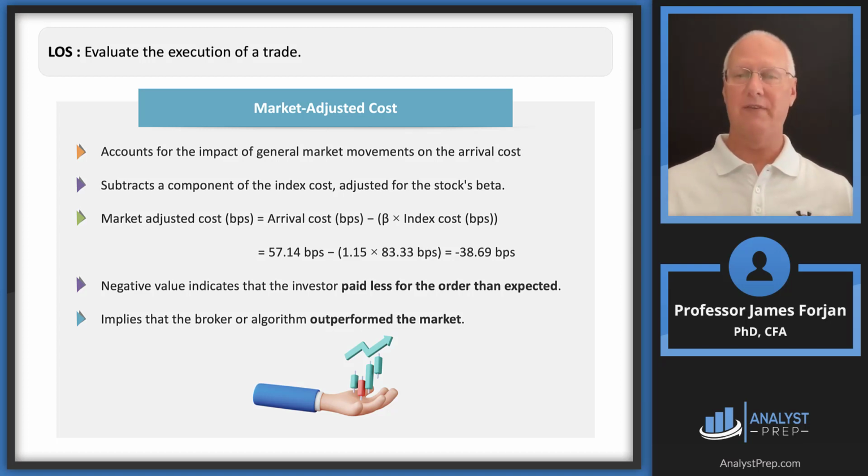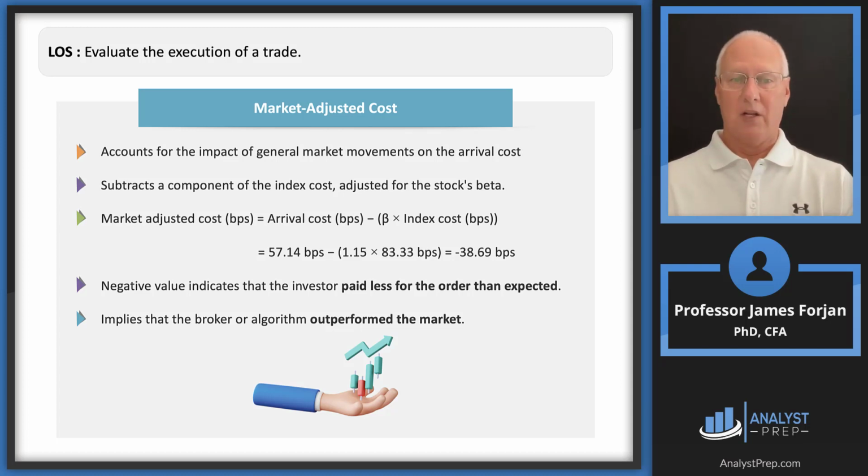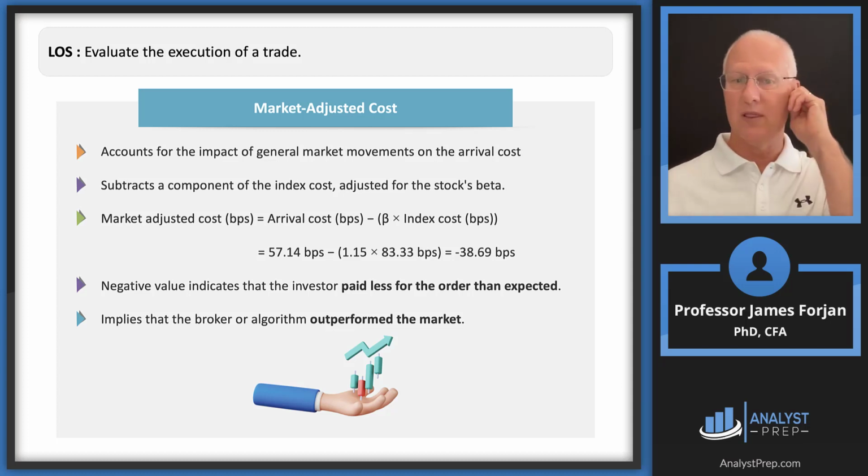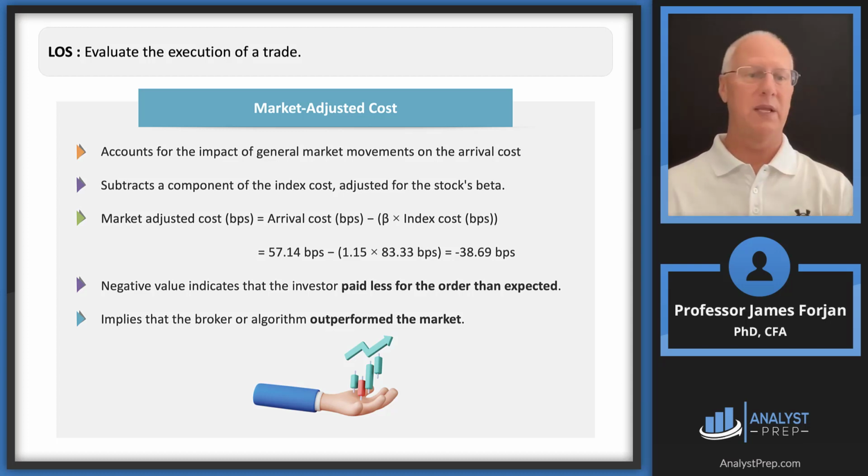So let's take the 57.14 and adjust this, right? Market adjusted cost. Take the 1.15 times the 83. So that gets us 38.69 basis points. So that negative value tells us that we paid less for the order than expected, which means that the algorithm outperformed the market.